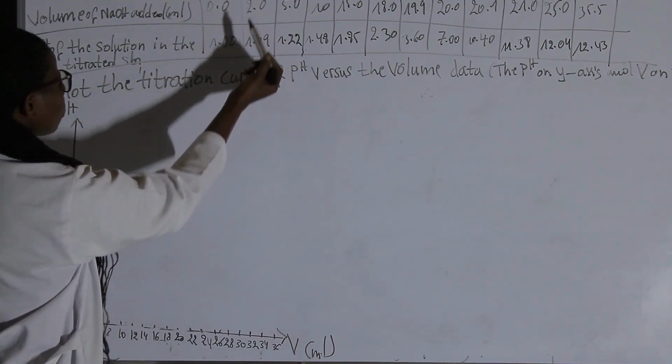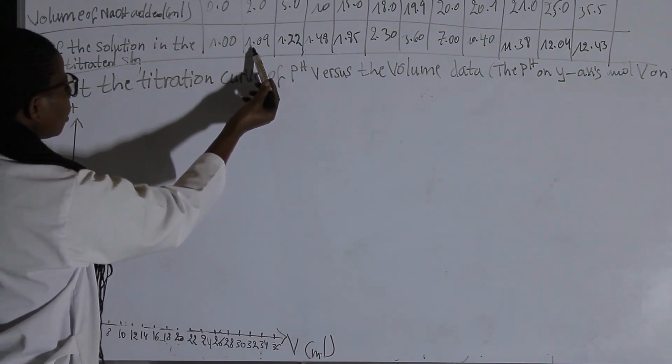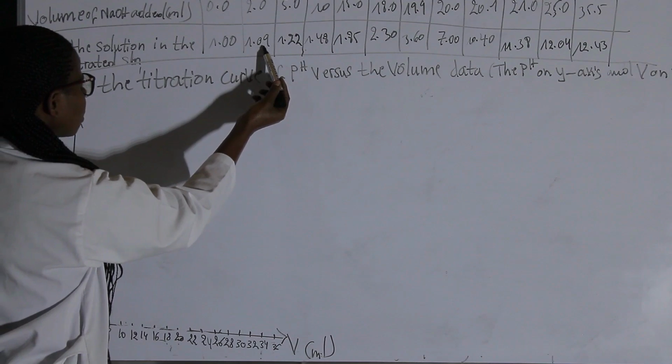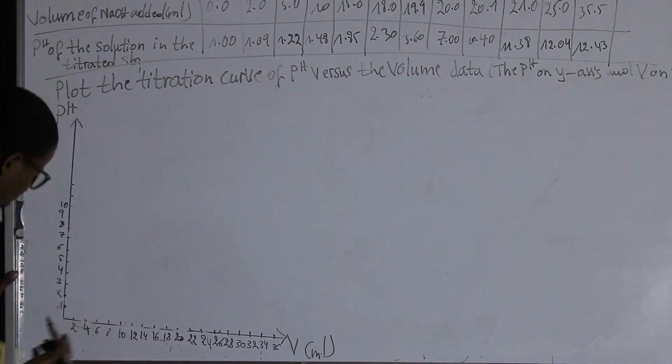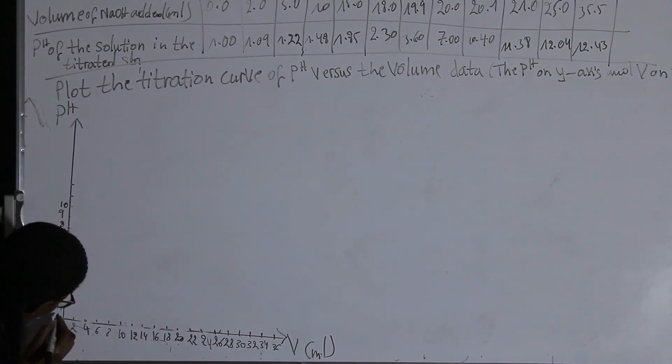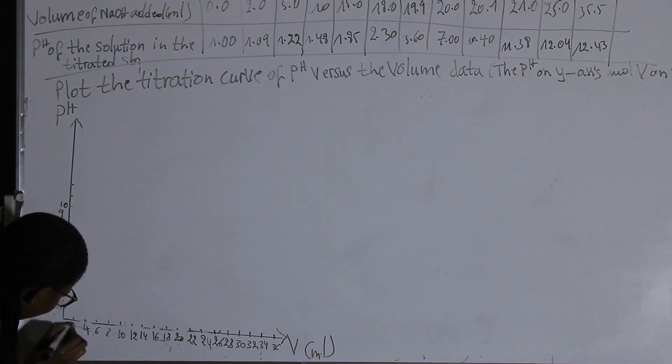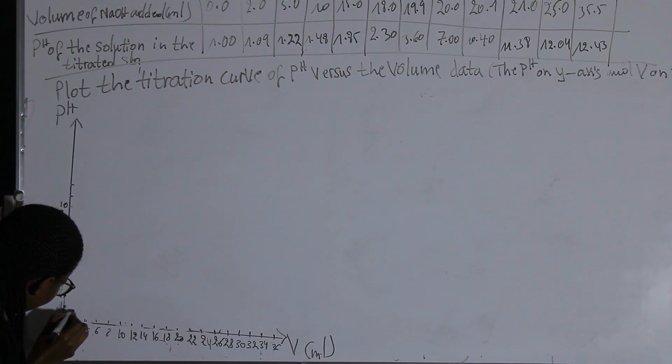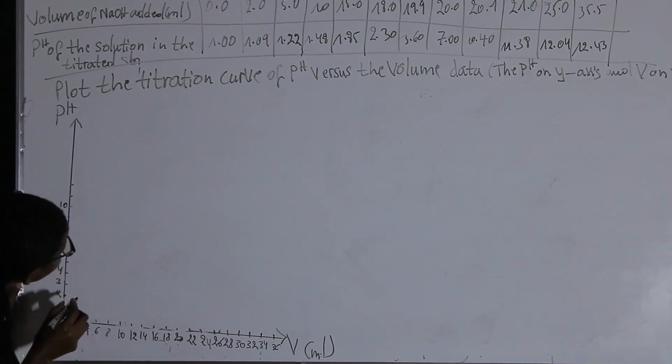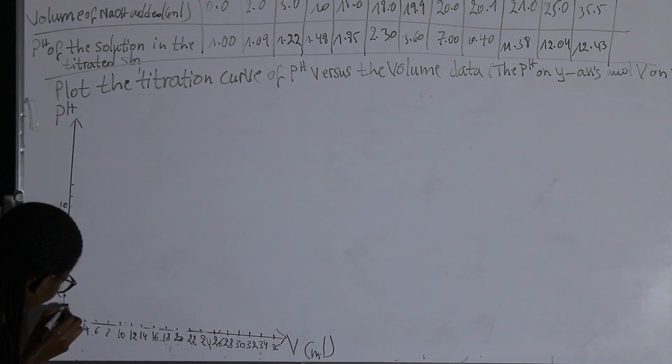For 2.0 milliliters, pH was 1.09, around here.